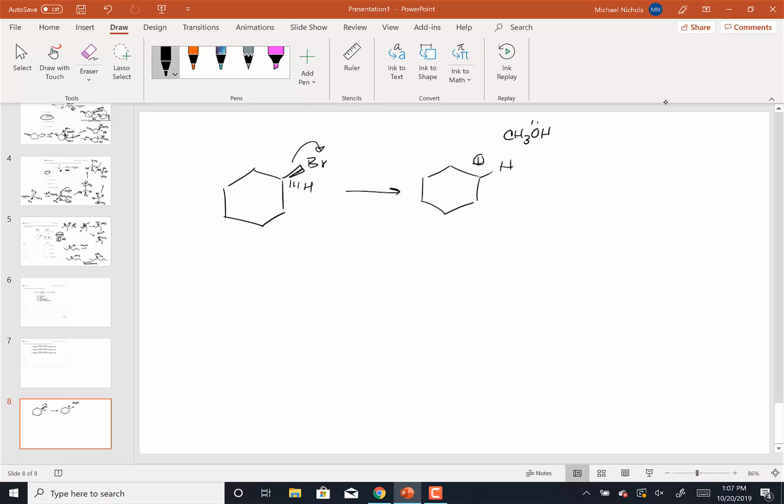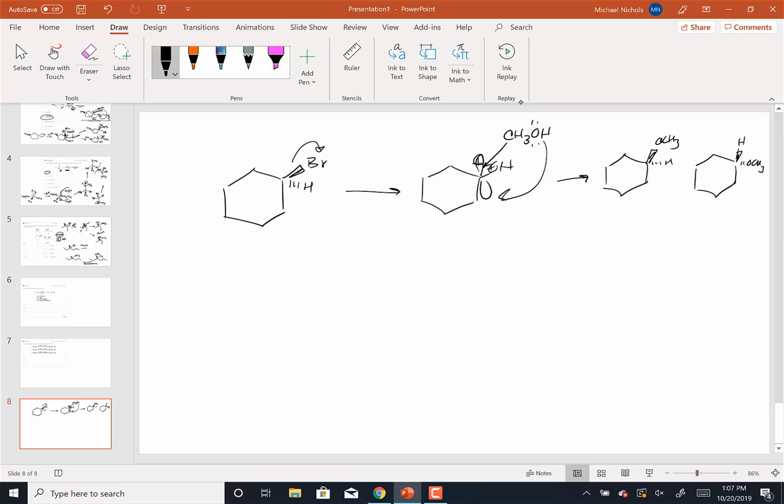And when the CH3OH adds to both the top and the bottom faces, we're going to end up with the OCH3 on the bold wedge, and we're going to end up with the OCH3 on the dashed wedge.